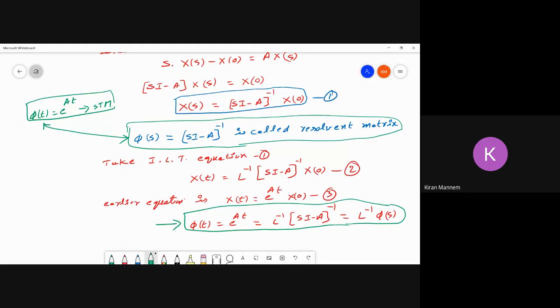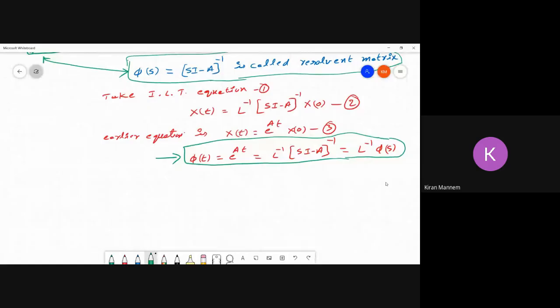So I can write this conclusion: the STM is the inverse Laplace transform of the resolvent matrix.